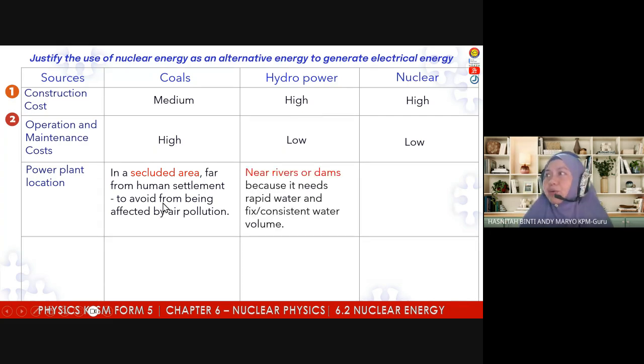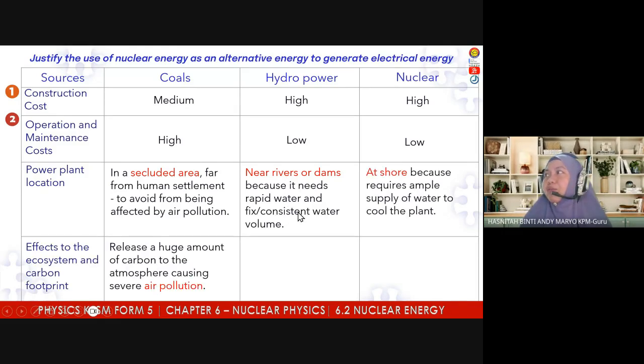While hydro must be built near a river or dam because of the water supply. For nuclear, it is normally built at the shore. If you notice, most of the nuclear power plants are built along a shore. Bina semua di tepi laut, pesisir pantai, because of the coolant supply from the shore.